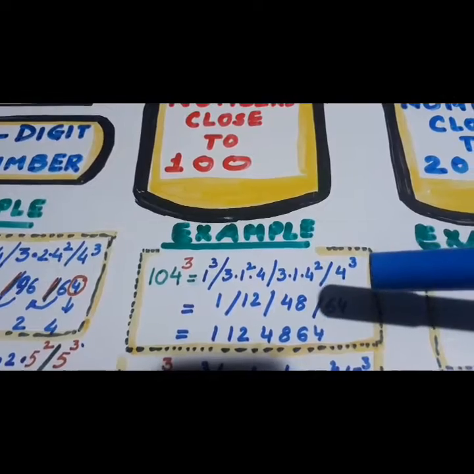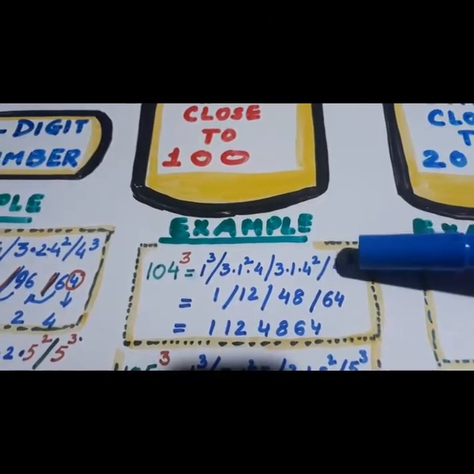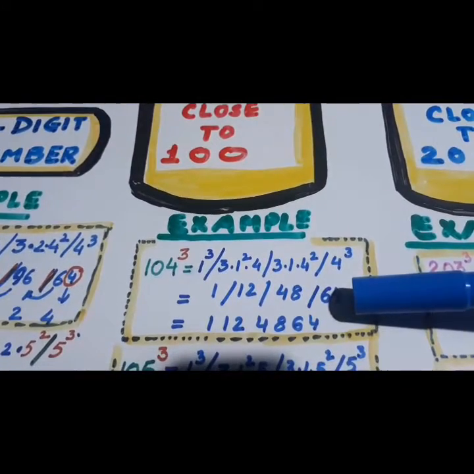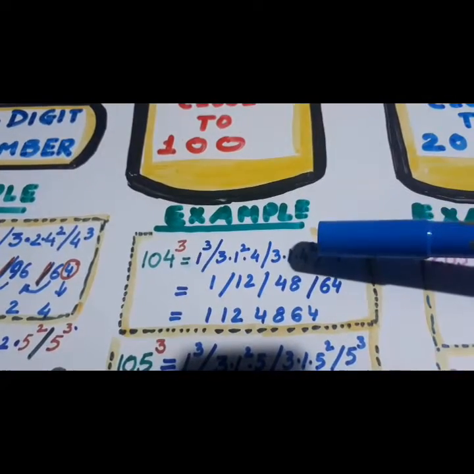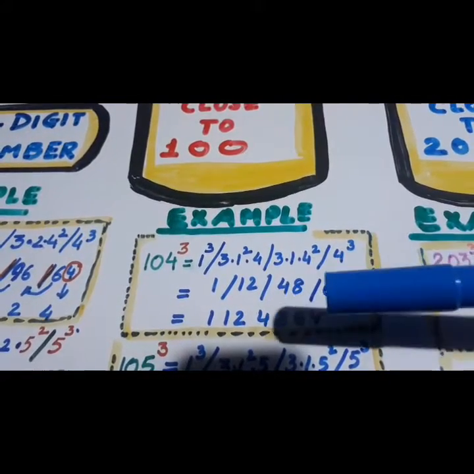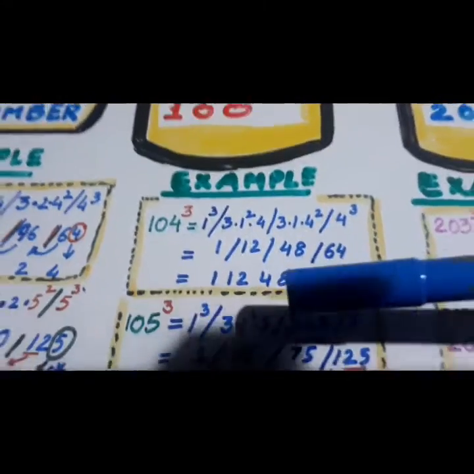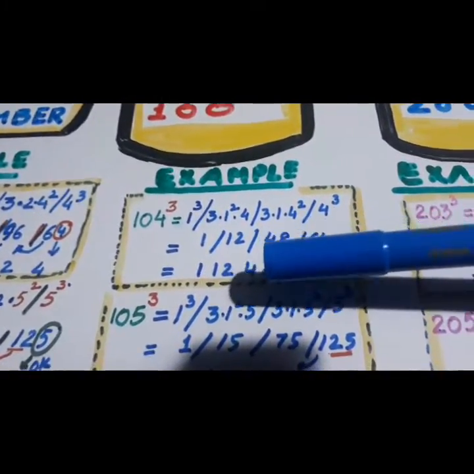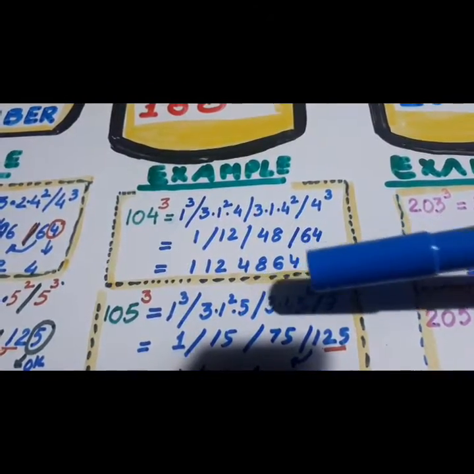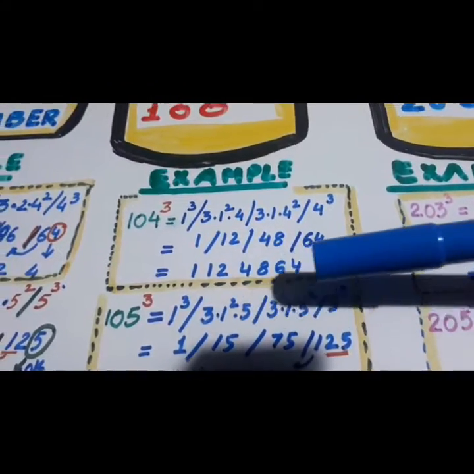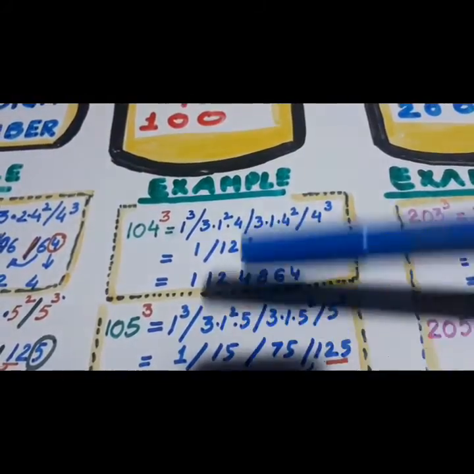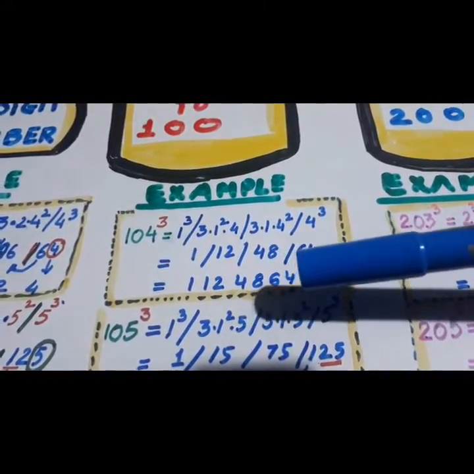Then b cube, 4 cube. 4 cube is 64. And this is 48. This is 12. And this is 1. Write all this. 1, 12, 4, 8, 6, 4. So this is how we have to cube.